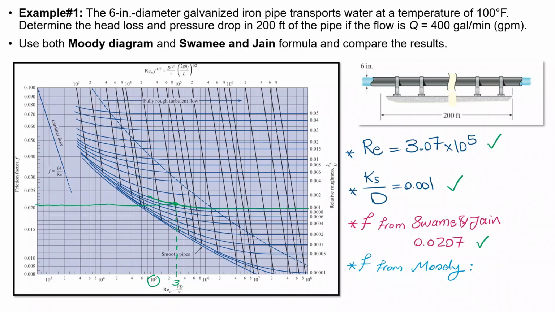All right, so the value is just a little bit over 0.020. I'm going to say it is 0.0209. And as you can see, the value is very close to the value that we calculated from Swamee and Jain. So if you go ahead and calculate head loss and pressure drop, realistically, these two values from Swamee and Jain and the Moody diagram should be very similar to each other, because the values for friction factor are very similar to each other as well.